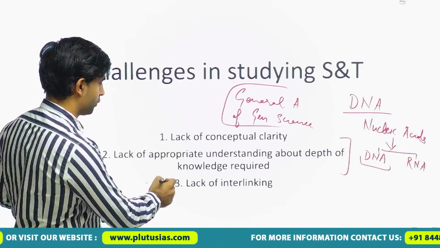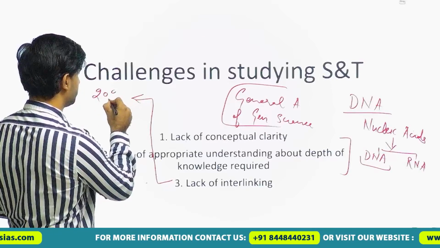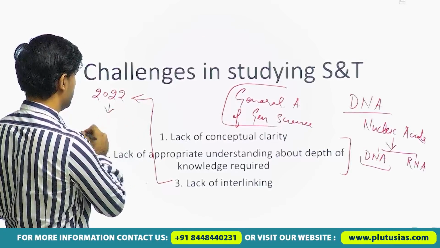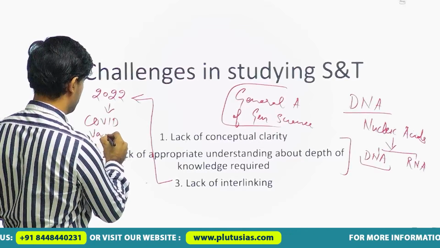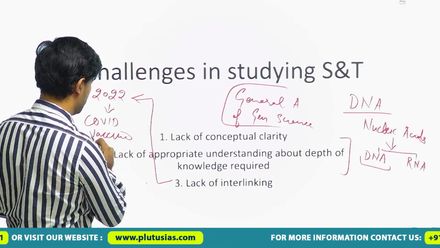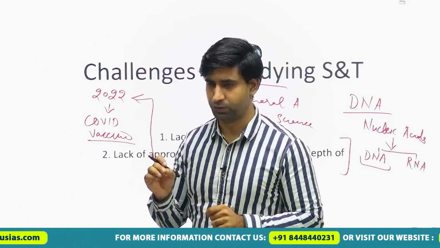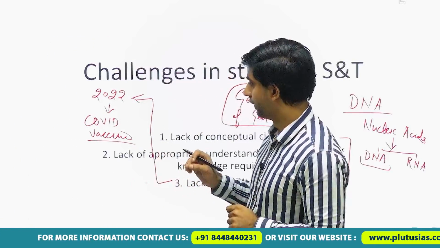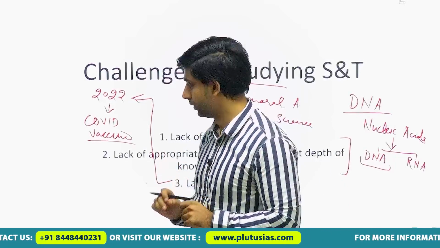This can be understood by taking one example. In the year 2022 there was a question on COVID vaccines. There was a statement that Serum Institute of India manufactured Covishield by the use of mRNA technology.